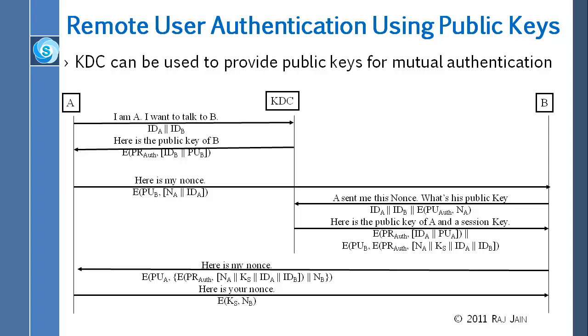And this one is encrypted with two keys. So somebody who has the private key of A and the public key of the authentication server will know this, and B. So here is your nonce back. And KS is the session key that they can use from now on. Everybody knows the public key of the KDC.